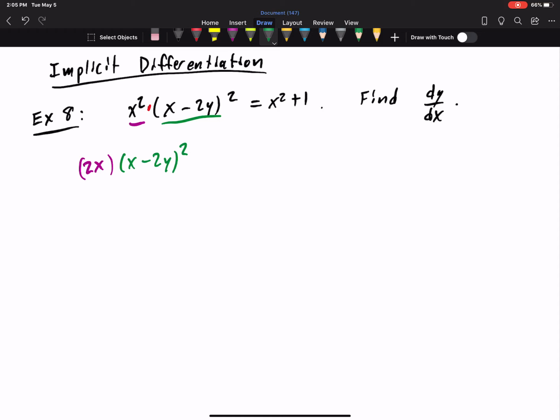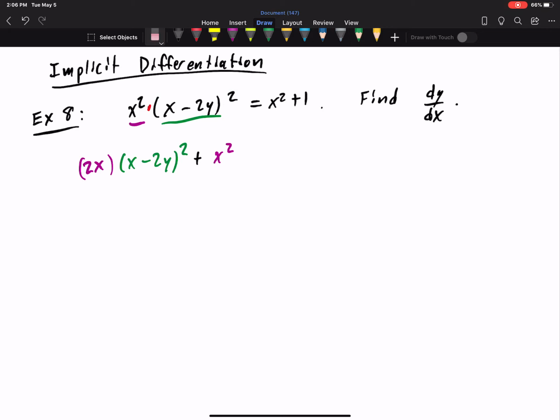Then we add on, leave the first alone, so we have x squared times the derivative of the second. Notice that we have to use the chain rule here because we have x minus 2y inside the square. We take the 2, move it down in front, using the power rule in conjunction with the chain rule, and then multiply by the derivative of the green underlined thing.